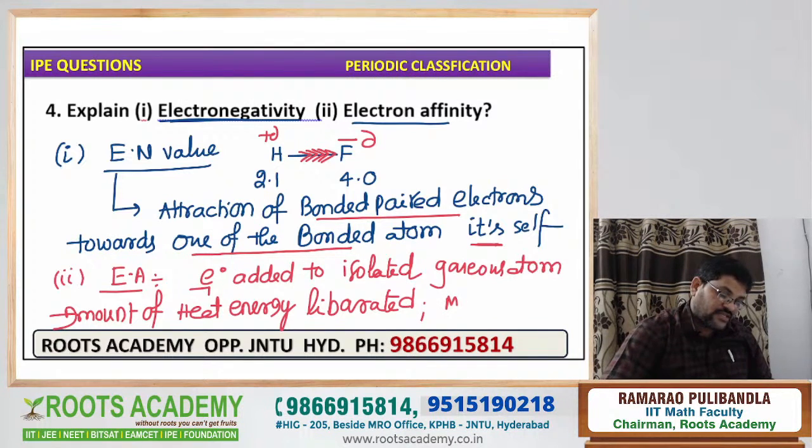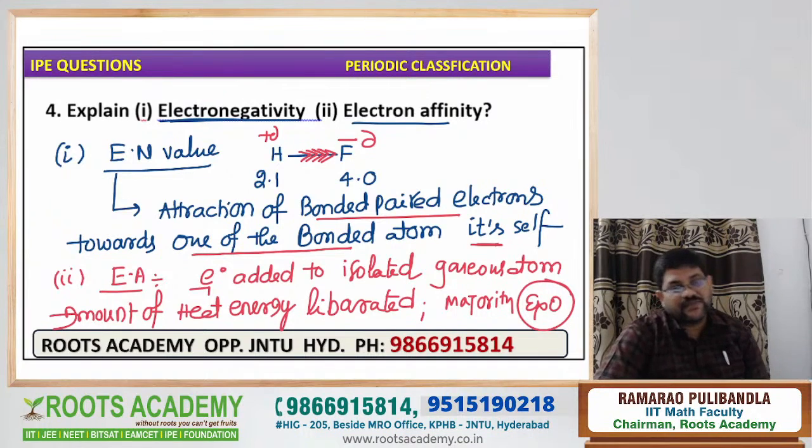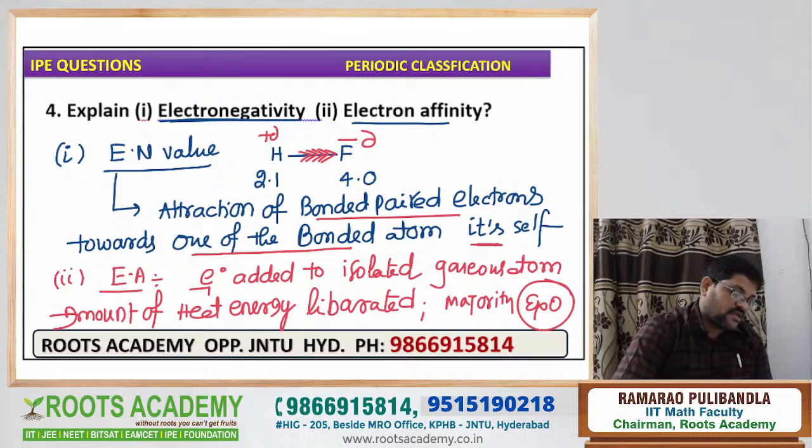In the majority of cases, electron affinity is exothermic in nature, because heat is liberated. One of the best examples is the fluorine atom in the gaseous state.